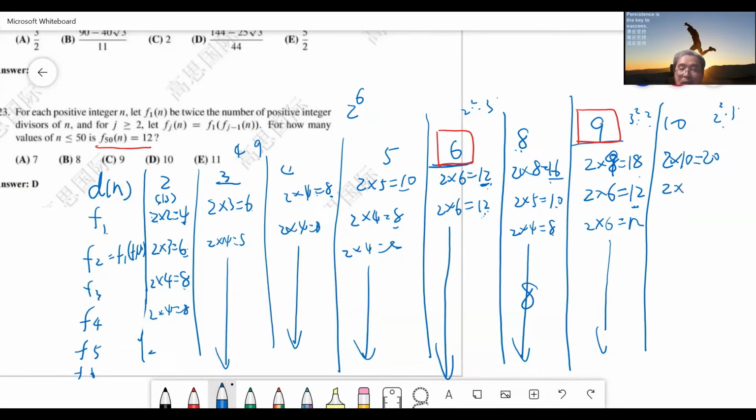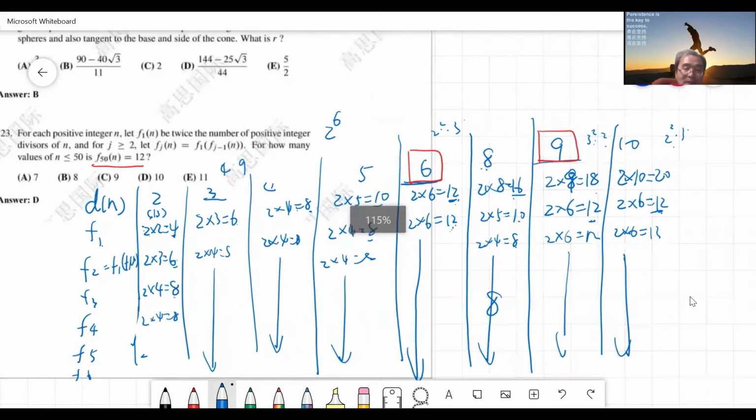Then this is going to be 2 times 6 equal to 12. So F1 equal to 12, F2 equal to 12. Then F3, this has 6 factors, 2 times 6, then equal to 12. Then you can see that works, right? So now you can see we can have up to 10 factors. What about more? So 11 is similar to 7, that's too large.